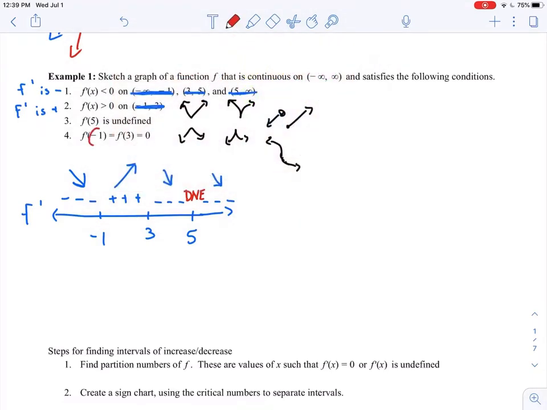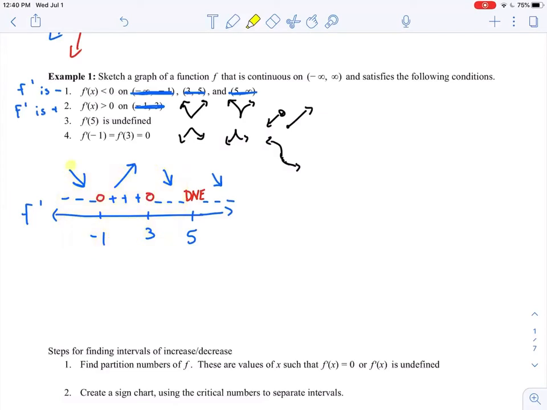The fourth condition says f prime of -1 is the same as f prime of 3, which is 0. So I'm going to put a little 0 above each of those. And this, I think, we're a little bit more familiar with. When we say that the derivative is 0, that's when we have that nice horizontal tangent line. And I can actually start to get an idea of what is going on here. I'm just going to look to the left of 5. So if I look at this part right here, I think this part's a little bit easier to look at.